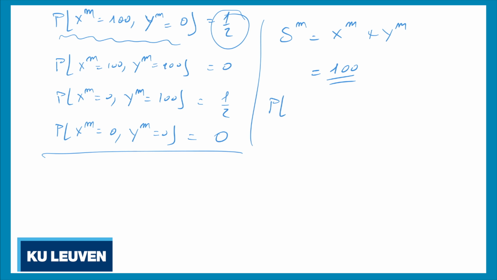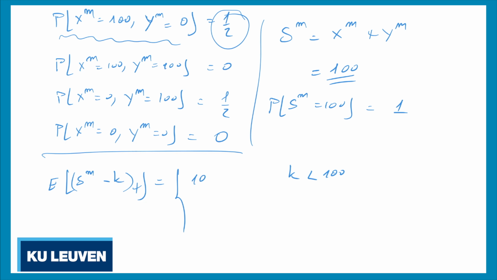So the probability that our mutually exclusive sum S_m is equal to 100 is equal to 1. And then we have a look at the expectation of (S_m minus k)+, the upper tail transform. Well, if k is smaller than 100, this will give you 100 minus k. If k is larger than 100, this will give you 0, because S_m can never exceed 100.